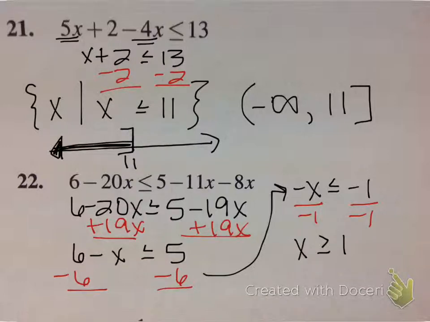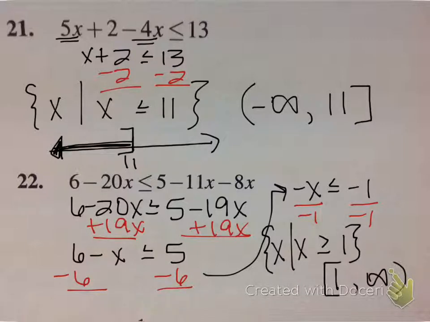So in order to be in set builder, we would throw in some of our symbols. And if I wanted interval notation, we need everything greater than or equal to 1. So 1 would be the lowest number. It would be a bracket because it's equal to, and it would go to positive infinity. So just depending on how you need to write your answer, just make sure you read the directions in my math lab, and it'll tell you if it wants set builder or if it wants interval notation.